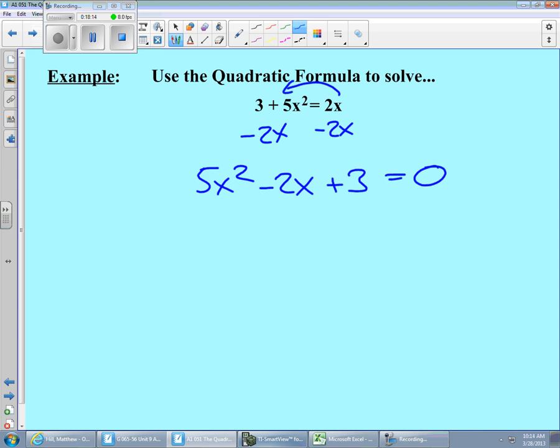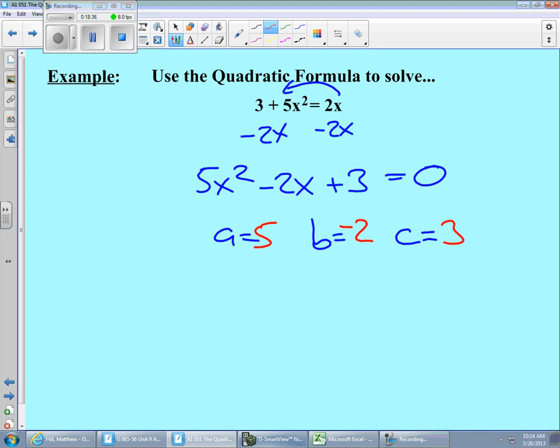Well, a equals, b equals, c equals. What is a this time? It's a 5, yep. B, what's b equal? Negative 2, exactly. Remember that the sign belongs to the value that follows it. And c this time will be 3.